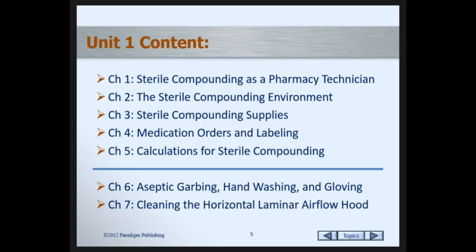And we will do aseptic garbing, hand washing and gloving, and cleaning the horizontal laminar airflow hood. Now, some of these words may seem foreign to you today, but by the time you finish Chapter 1, they'll make a lot more sense. So Chapter 6 and 7 are one lab together, and that lab we will actually do in practice.